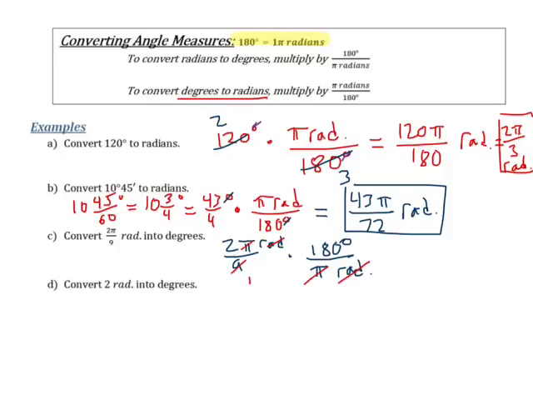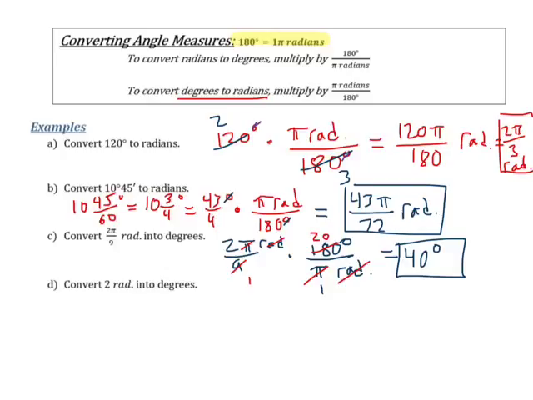And 9 goes into 9 once, 9 goes into 180 twenty times. So rather than multiplying and then canceling, it's nice to do it first. And we're left with 2 times 20 on top, and so that is 40. And we're still left with the degrees. There's our answer, 40 degrees.